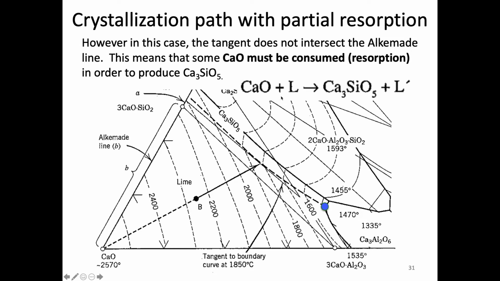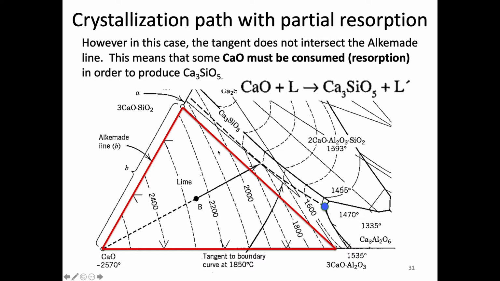And so in this case, we actually are consuming calcium oxide along with the liquid when we're cooling this down to create this new solid, Ca3SiO5. And then we're also forming a different liquid. So that happens because we're outside and we don't intersect the alite line. So this must be consumed or partially resorbed.